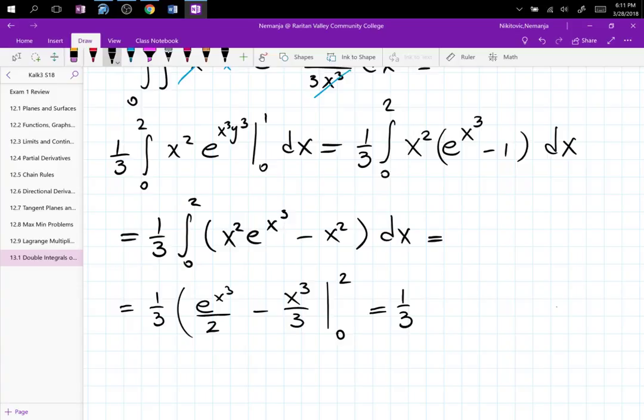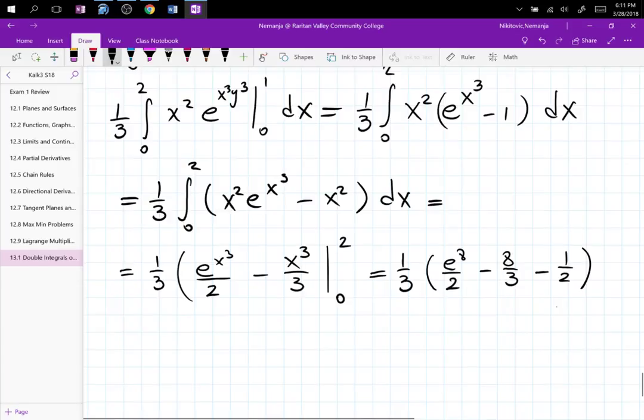So what do I have? I need to plug in 2. So this is 1/3 of e to the 8 over 3, minus 8/3, and then minus 1/3, because when x is equal to 0, e to the 0 is 1. And then when you plug in 0 there, it's just 0, so nothing happens there.